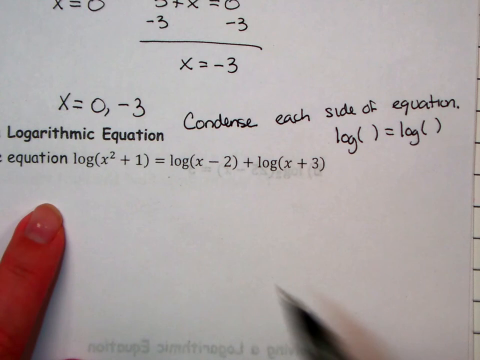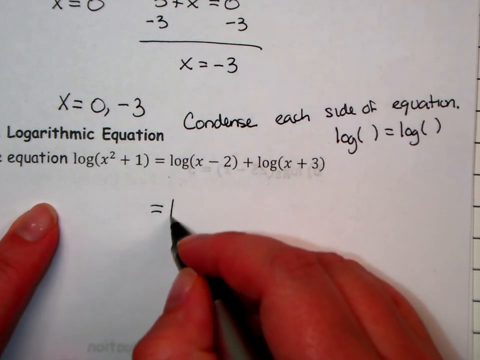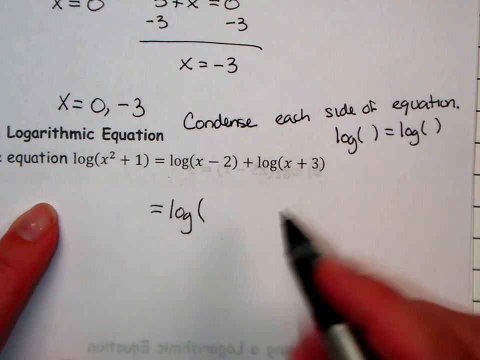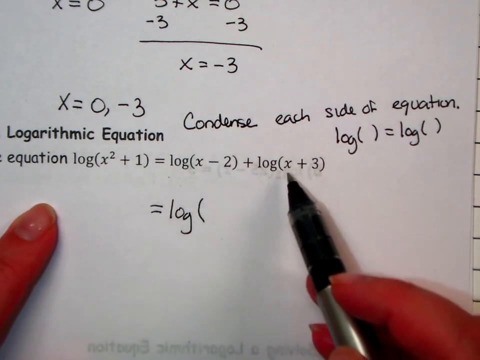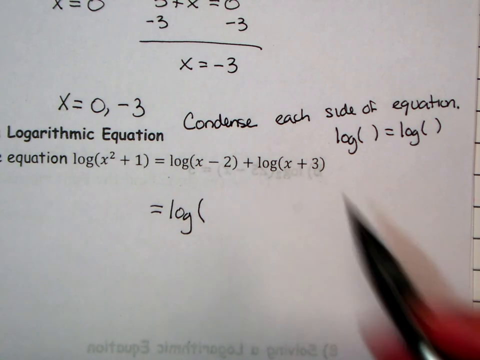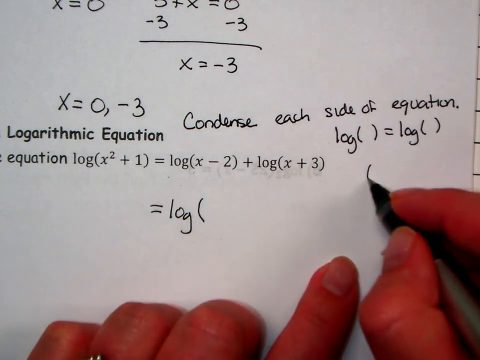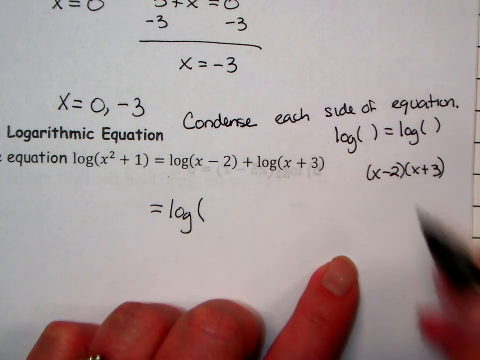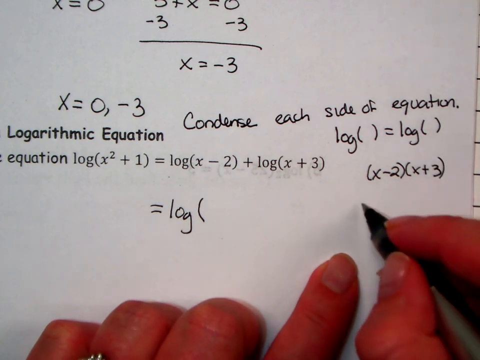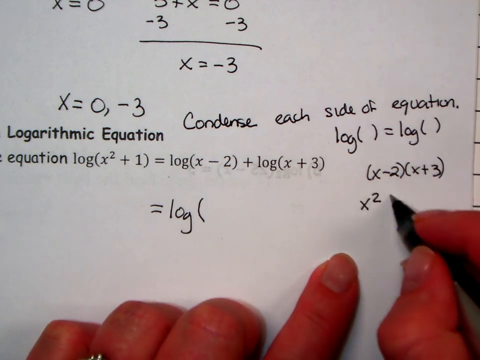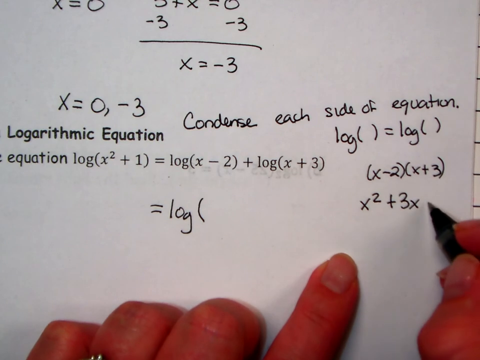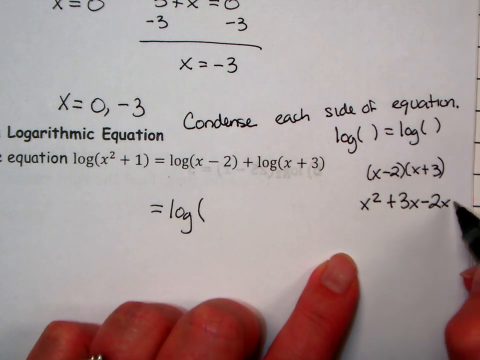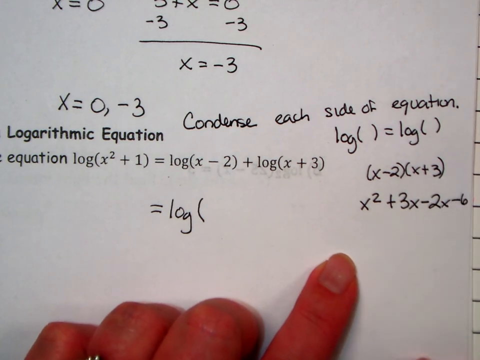So if I write this as a single log, I need to multiply x minus 2 times x plus 3. Let's go ahead and FOIL that out. We're going to get x squared plus 3x minus 2x minus 6.